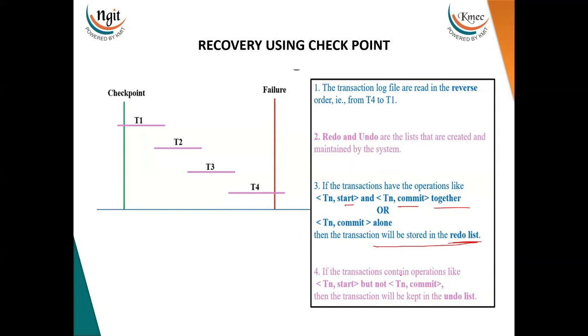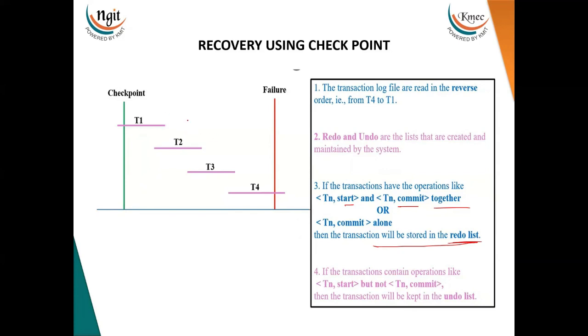If there exists any transaction whose operations are like Tn start but not Tn commit, that means the transactions which have failed, then all those will fall under the undo list.